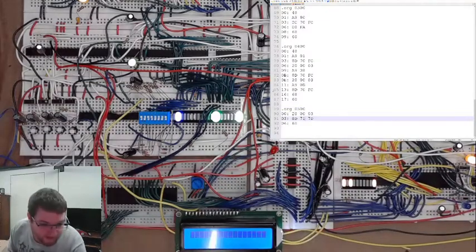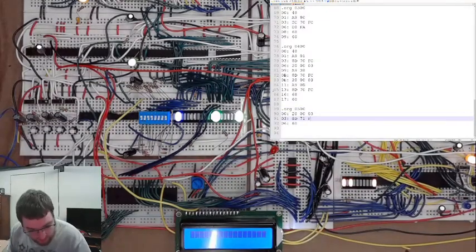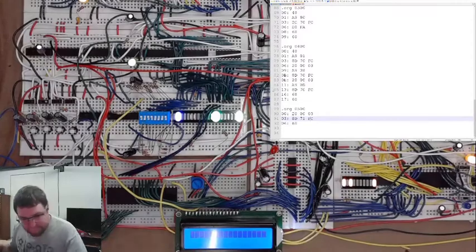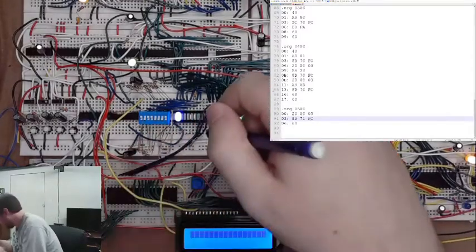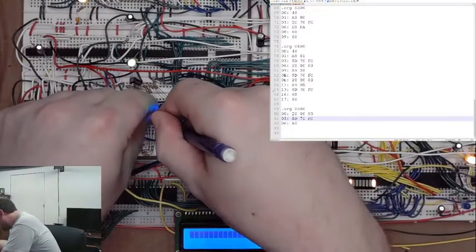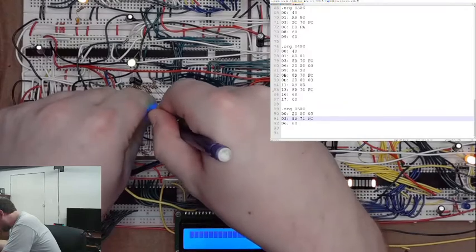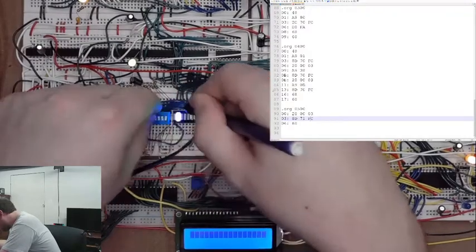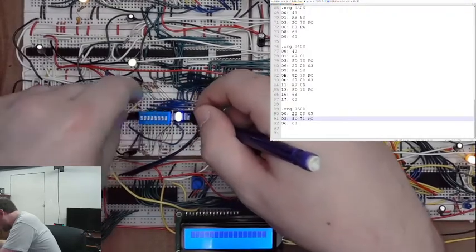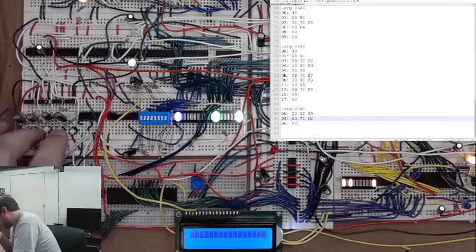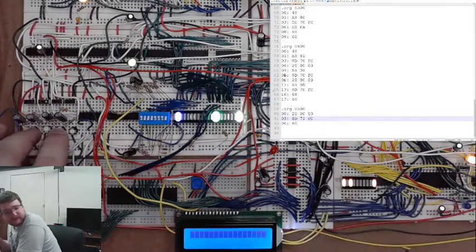Oh, I have not adjusted this to be proper. 7. That's not 7. 7, 1 at 4.